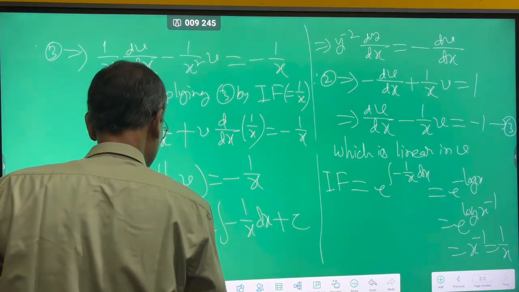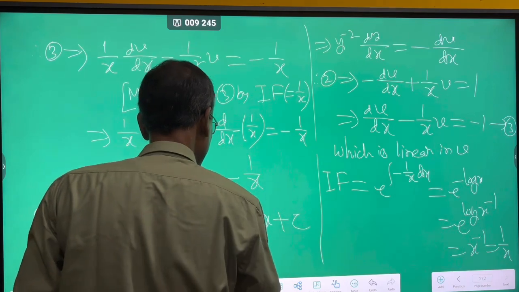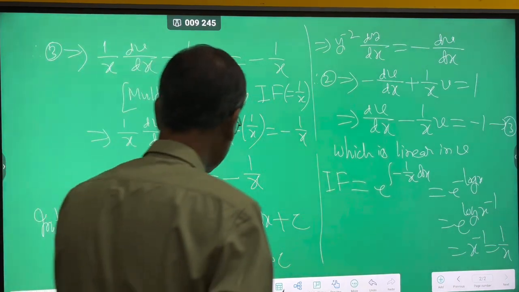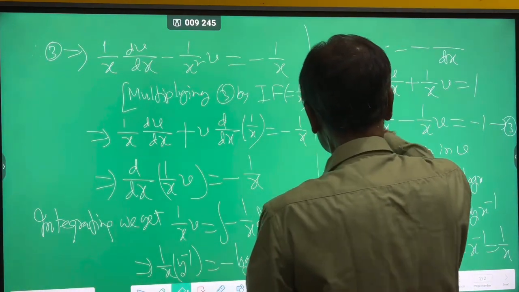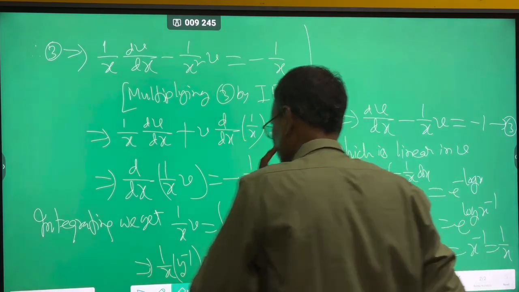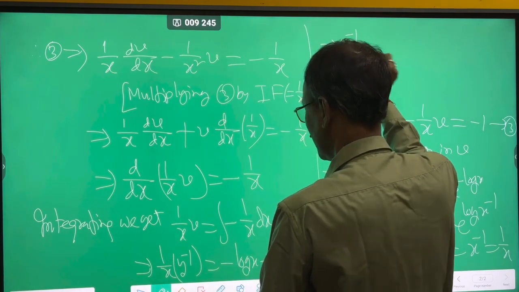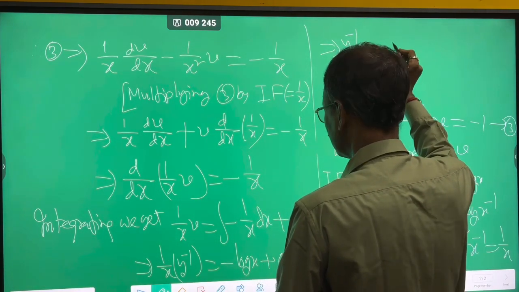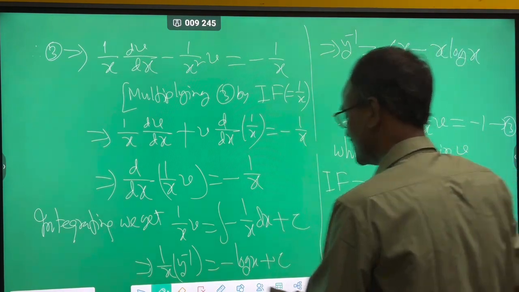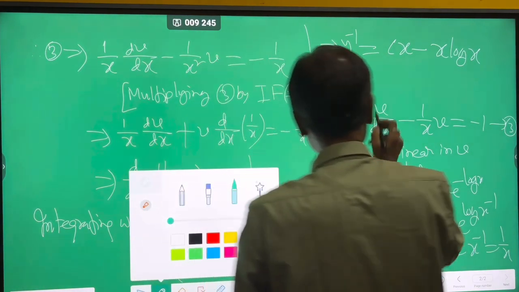This is equal to minus log x plus c. Or you may write this is equal to log x plus c. This means y to the power minus 1 equal to cx minus x log x. This is the answer.